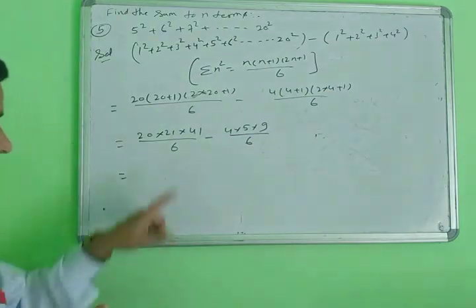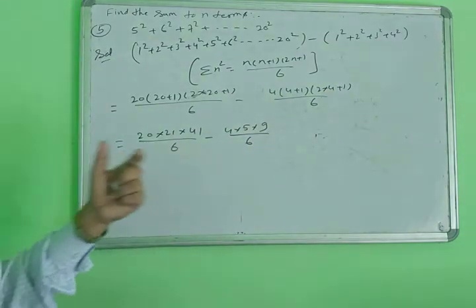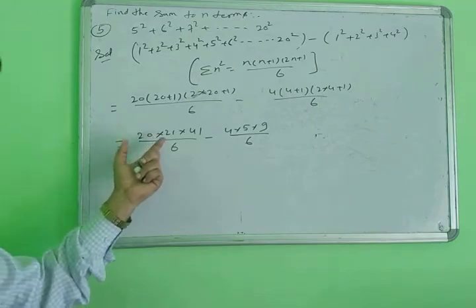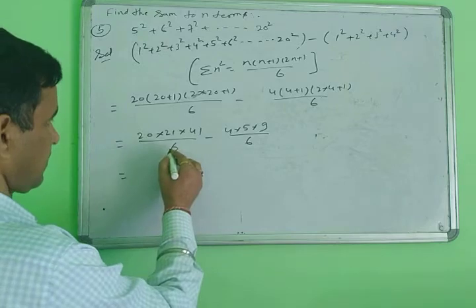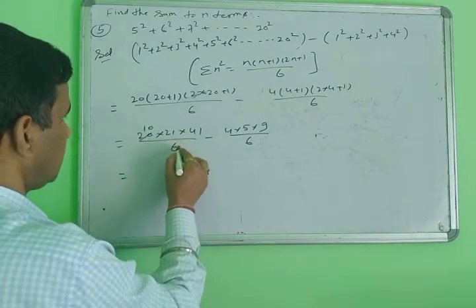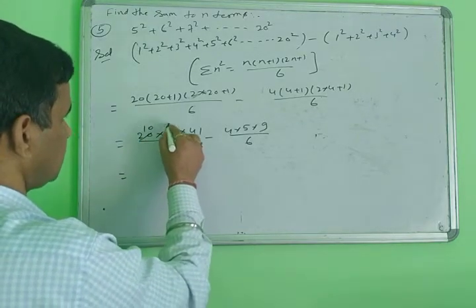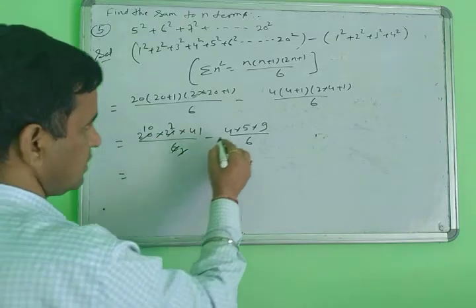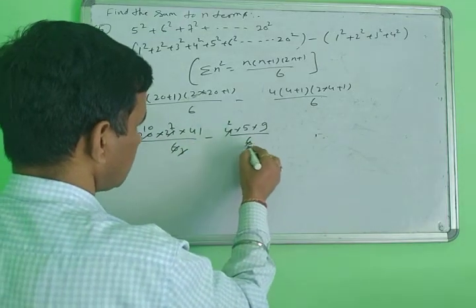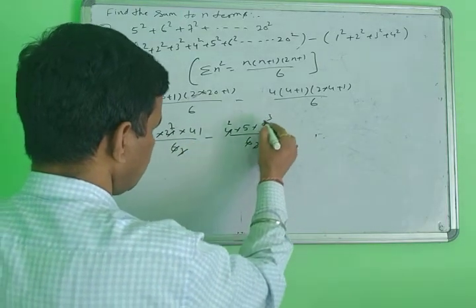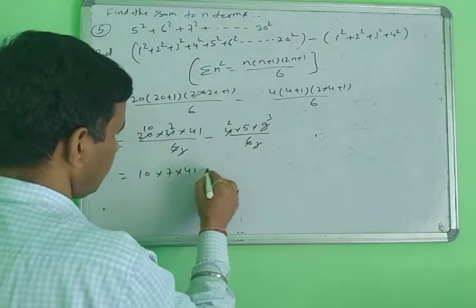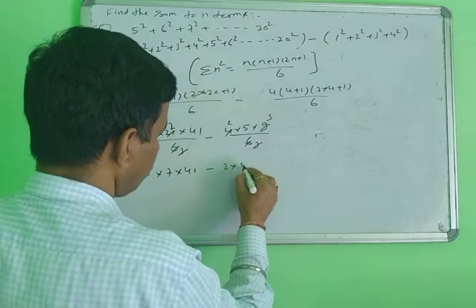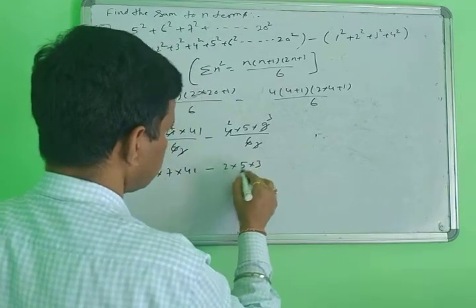Then the LCM is the same, so what you take is multiply. 2 times 3 is 6, 3 times 7 is 21. Same here, 2 times 2 is 4, or 2 times 3 is 6, 3 times 3 is 9. So 10 into 7 into 41 minus 2 into 5 into 3.